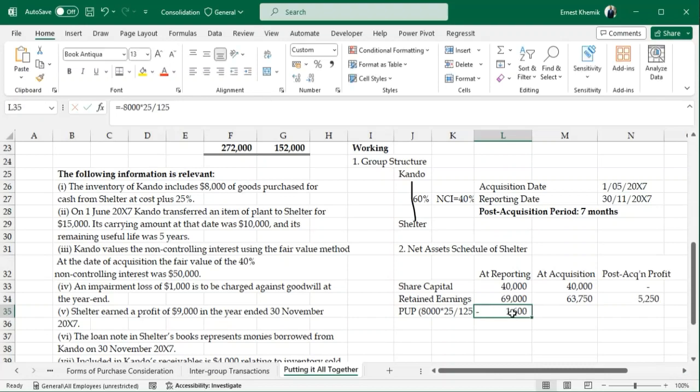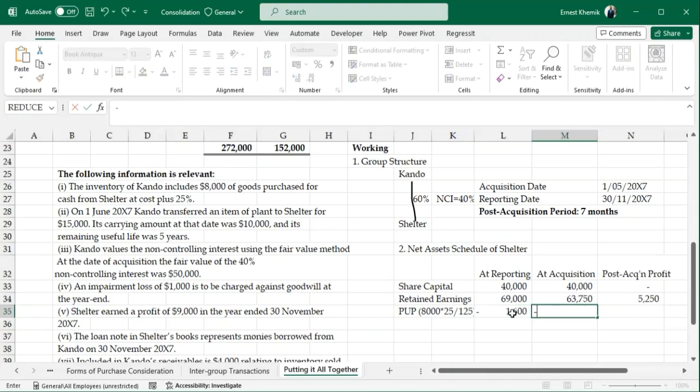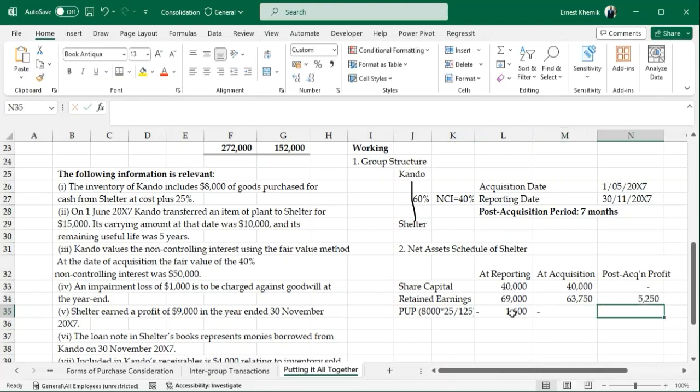Right, so this is a minus, and for our acquisition date, it's not going to affect it, but it will affect our reporting date as well. So I'll come here and then I'll copy the formula down. So this is supposed to be 0. So we have that. Now we have negative. Okay.